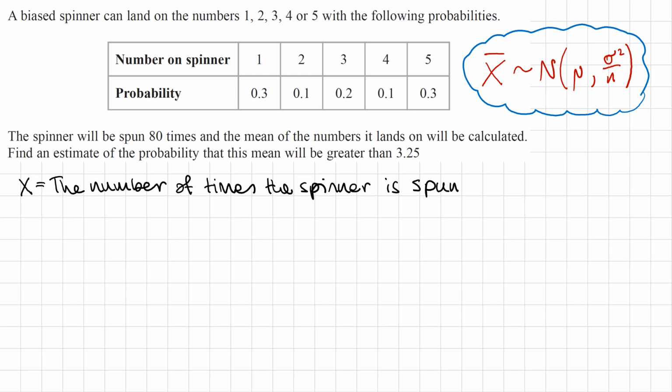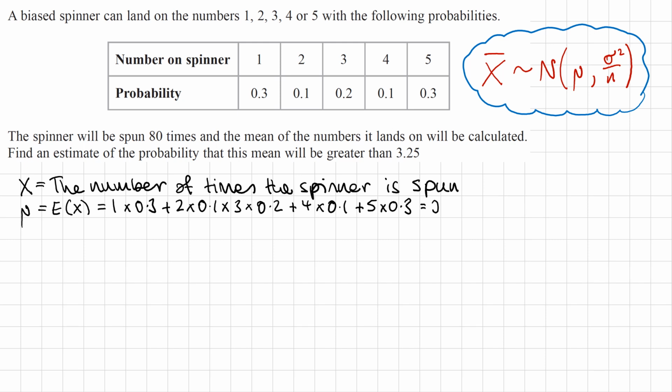Okay, now for this question the mean of the population is going to be E of X, so that's calculating the mean from this table. E of X is going to be 1 times 0.3 plus 2 times 0.1 plus 3 times 0.2 plus 4 times 0.1 plus 5 times 0.3.